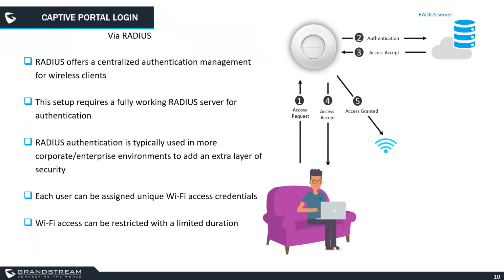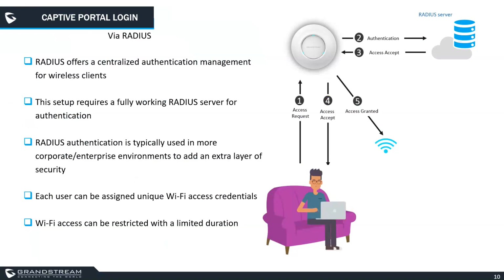As I mentioned earlier, Radius authentication is usually used in more corporate enterprise environments to add an extra layer of security, because just by going to the Radius server, you can have metadata about the users: when they authenticated, when they failed to authenticate, when their authentication was successful. So you have access to a lot of information.